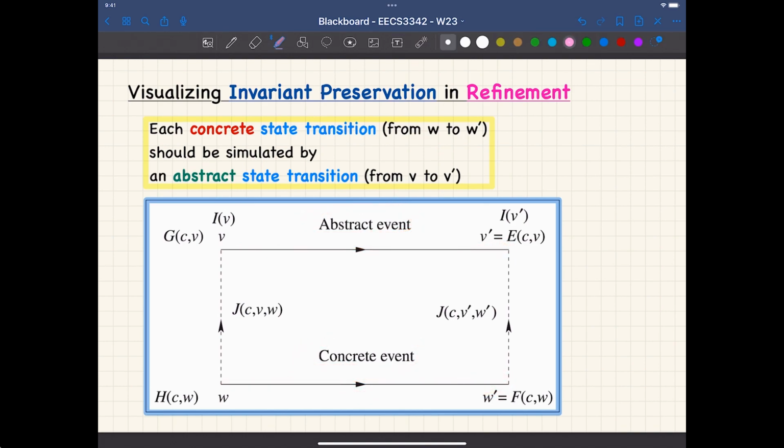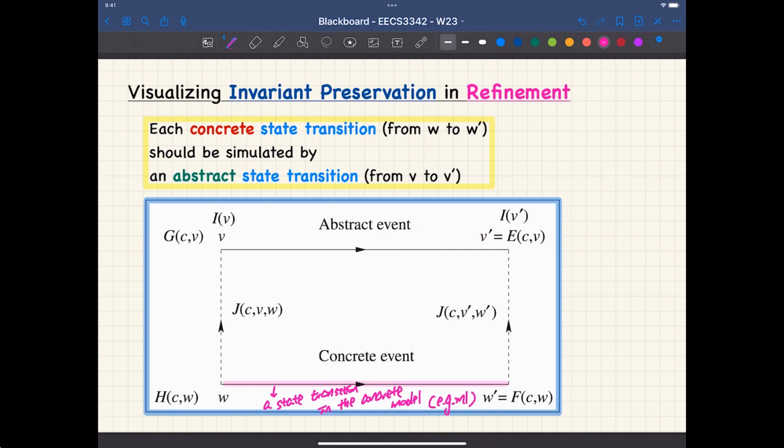So think about this one over here is about a state transition in the concrete model. And for example, it could be M1.